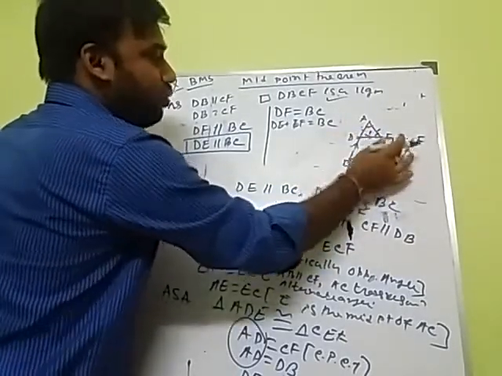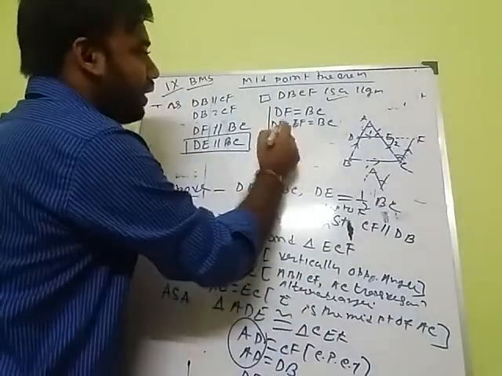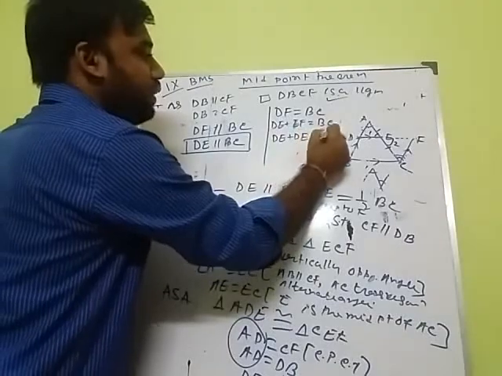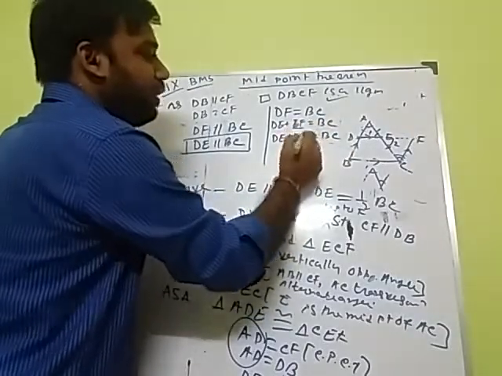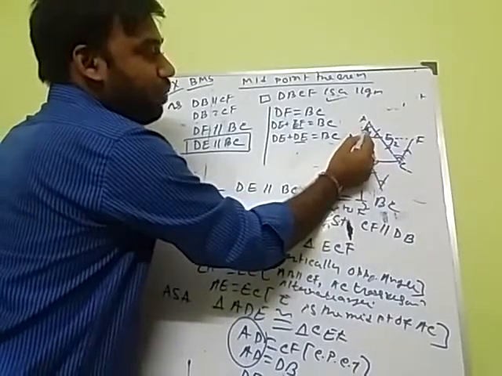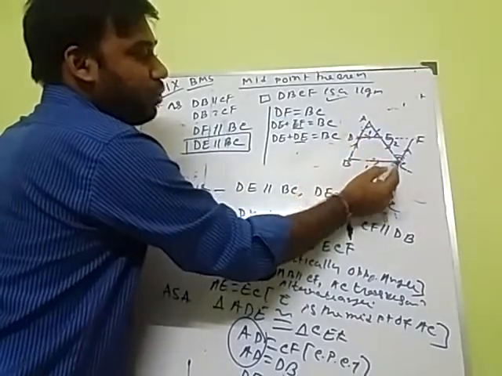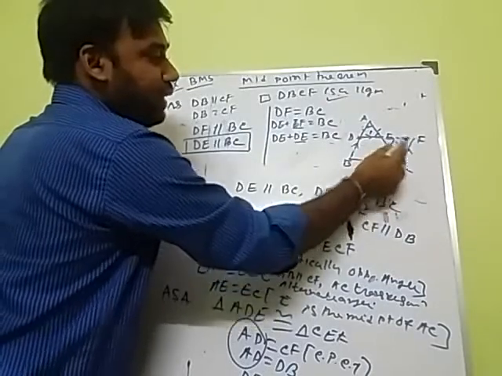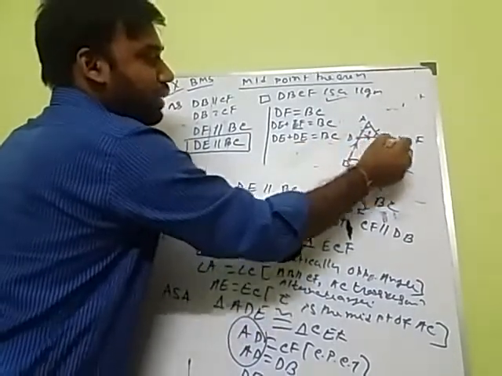So DE equal to EF. In place of EF, you can write DE, so DE plus DE equal to BC. Why EF equal to DE? Because by the CPCT rule, opposite sides of angle A, that is DE, and angle A is equal to angle C, then opposite sides of angle C, that is EF. That's why these two portions are equal.